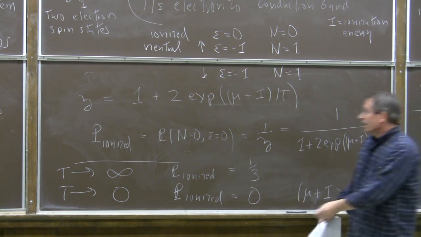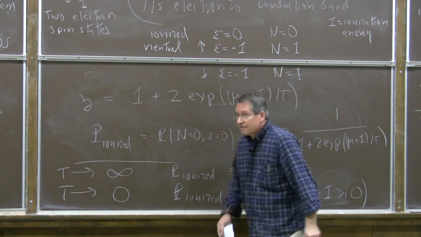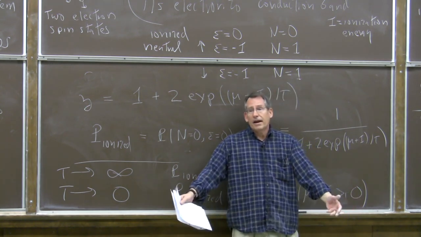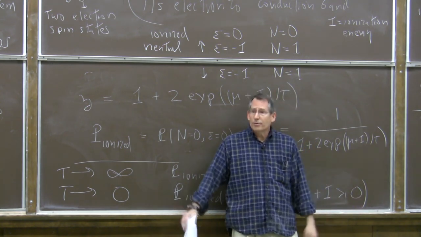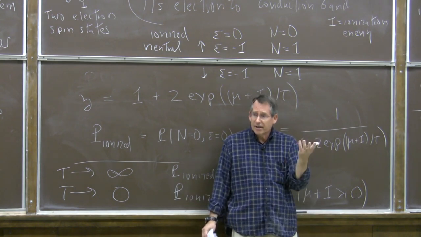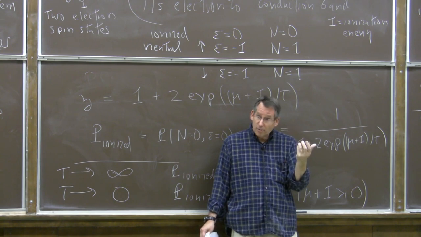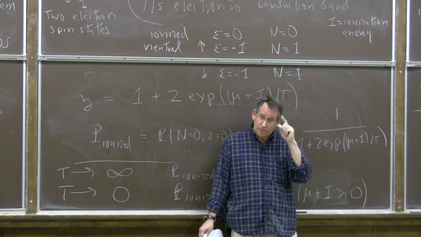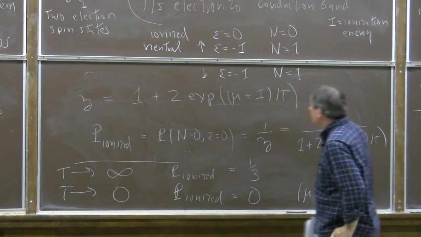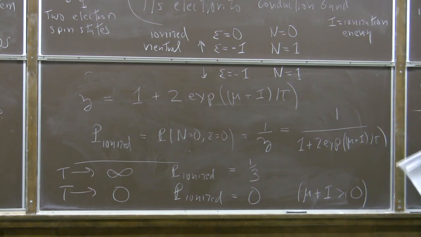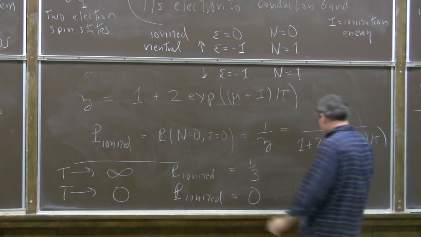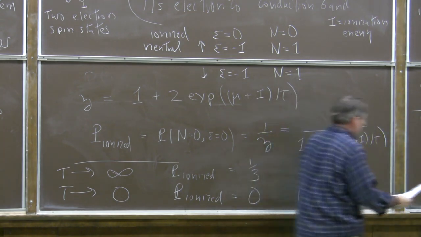So the impurity atom is sitting in this crystal, and it can get ionized because there are thermal fluctuations that can kick it around and knock the electron loose. But those fluctuations become extremely improbable at very low temperature. The temperature is small compared to the ionization energy, and the atom has no choice but to be neutral.